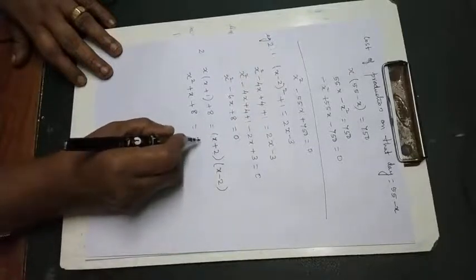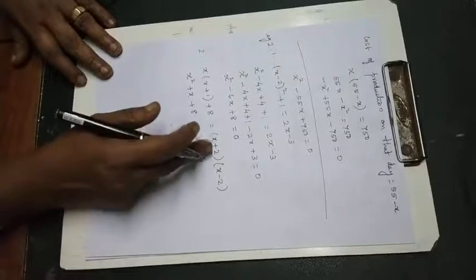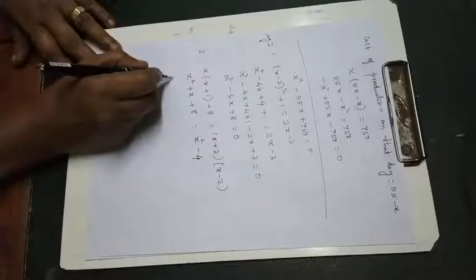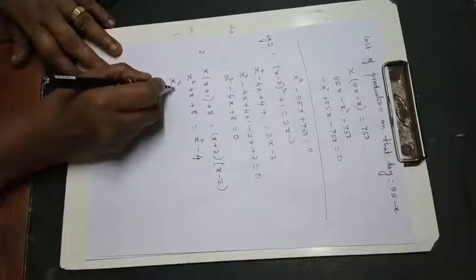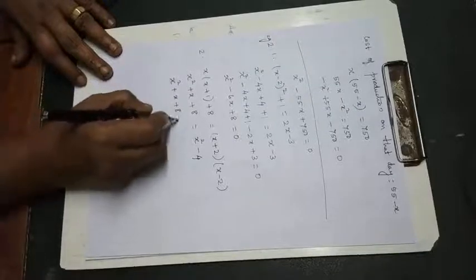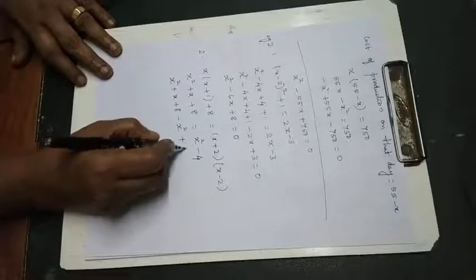So it is x square minus 4. Now take x square minus 4 to the side. So x square plus x plus 8 minus x square plus 4, that is equal to 0.